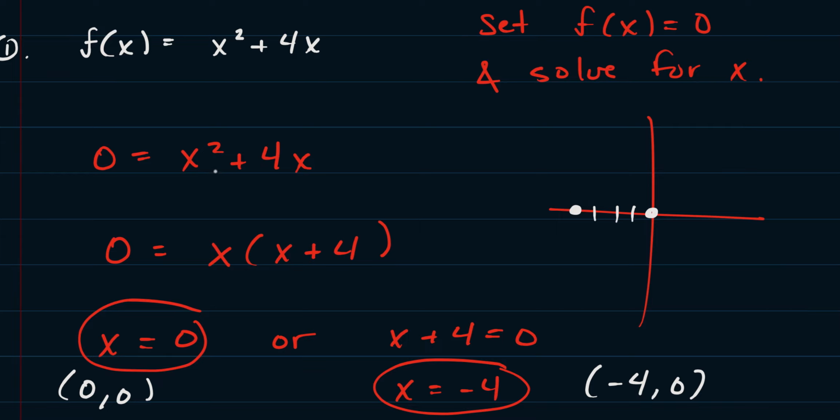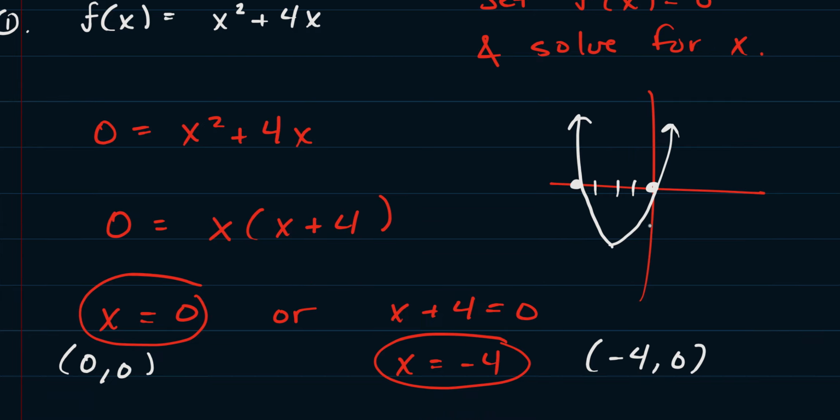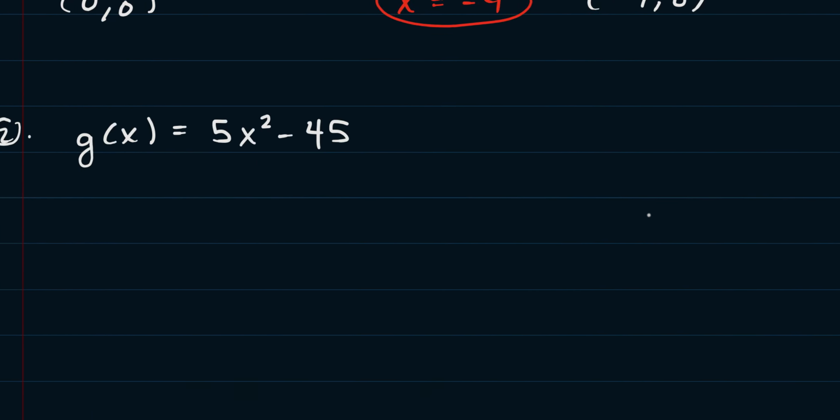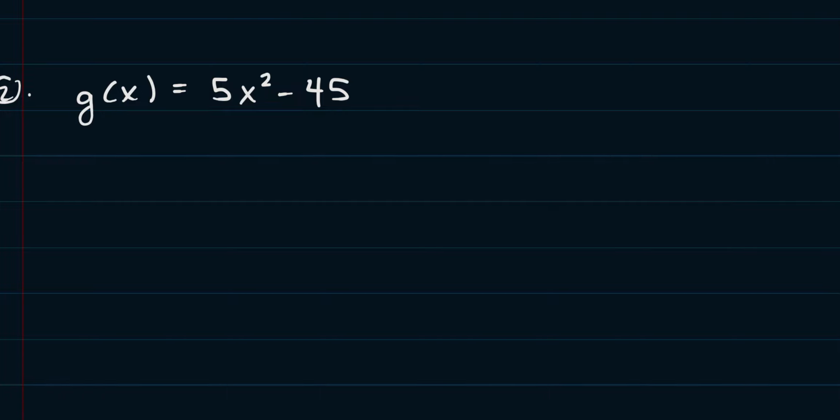And something I can go ahead and tell you is because this is a positive number in front of this x squared, a positive 1, the graph is going to look something like this. Although I don't know at the moment what the vertex of the graph is, this is the idea of the graph. So the graph is going to intersect the x-axis 2 times. We don't need to graph it at this moment. We're just trying to find the zeros. That's all the problem asked us to do.